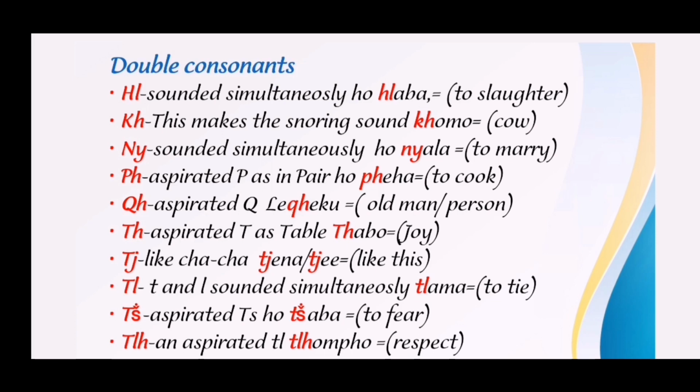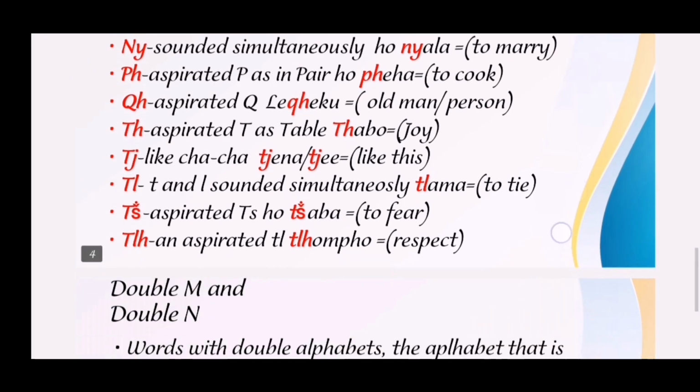So this is just how you can say these, but the next video, like I've said, is going to go into detail on how you can learn to say these double consonants.